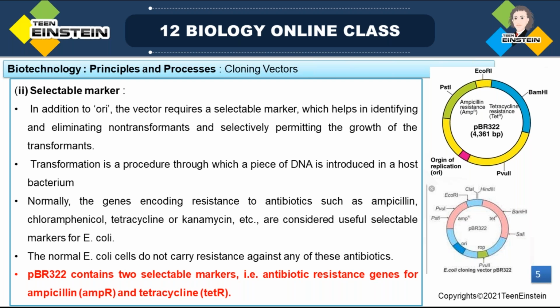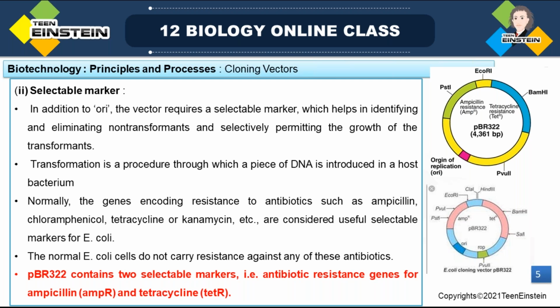So that is having an antibiotic resistant gene as a selectable marker, right? Suppose we are introducing an ampicillin resistant gene into E. coli, then that gene will work in E. coli.